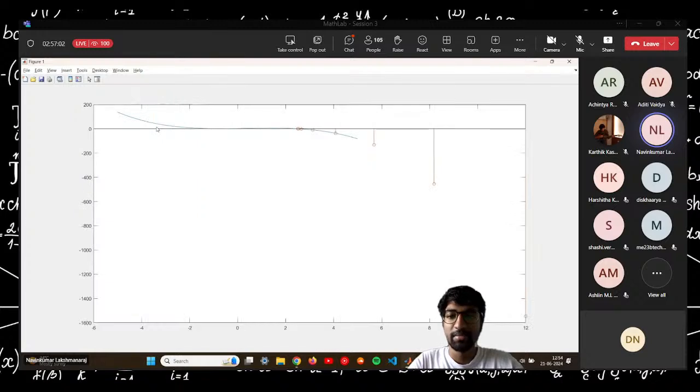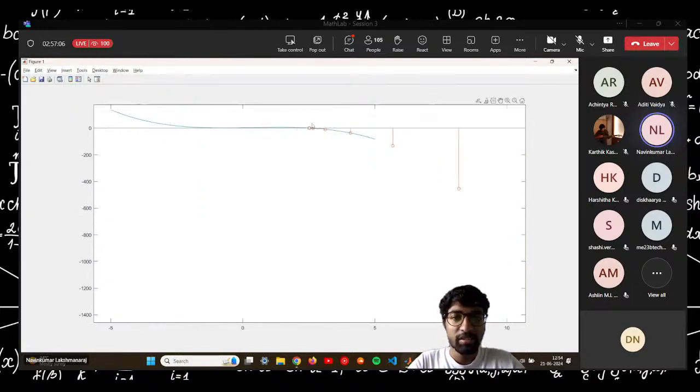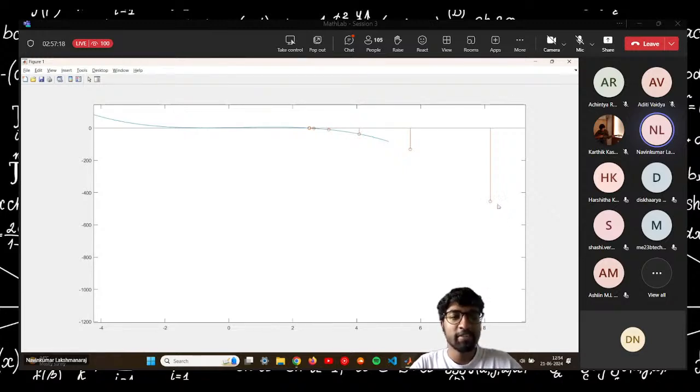So we have it here. As you can see, the actual root lies somewhere around 2.5. The vertical stripes are the guesses made by Newton's method after each iteration. It starts off somewhere at 12 and reaches 8 and here, and here.